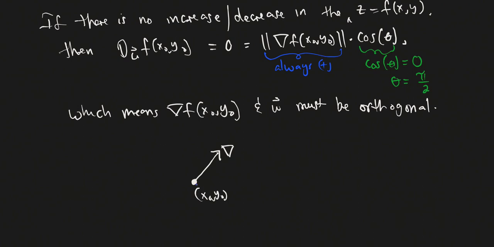If you now have to make a decision in what direction you should go, if my u vector is parallel and acting in the same direction as my gradient, then this would lead to f of x,y increasing at the largest possible rate.